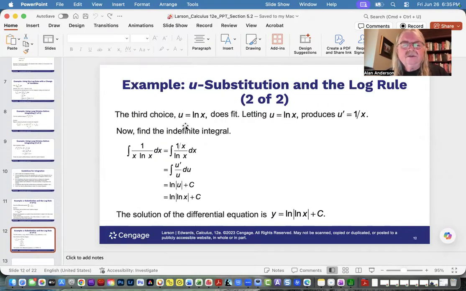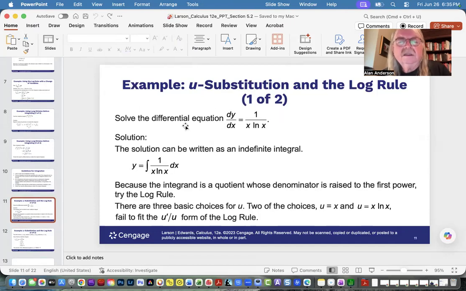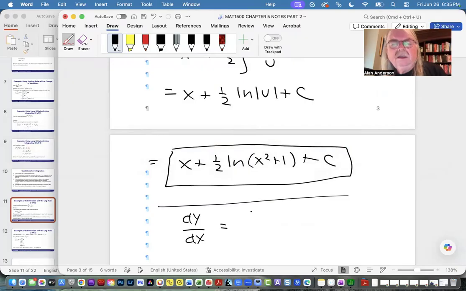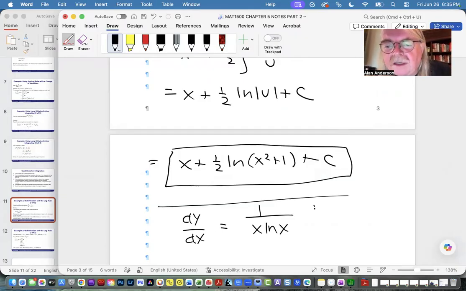Here they want you to, let's see. So now here's a case where they're saying, well, listen, suppose we told you that dy/dx equals 1 over x log x. Because there's a derivative, this is technically, or formally, known as a differential equation.